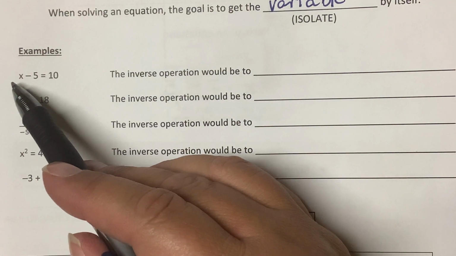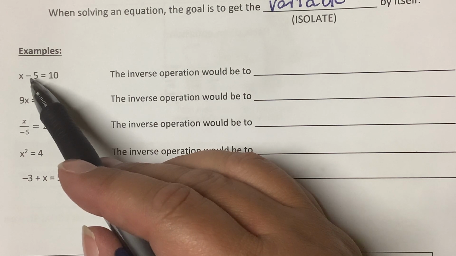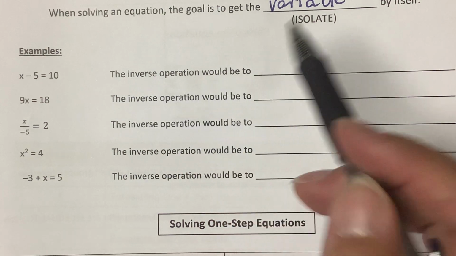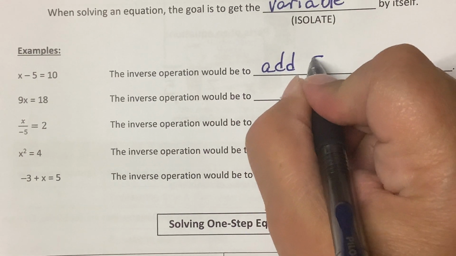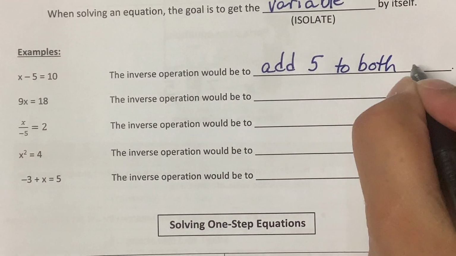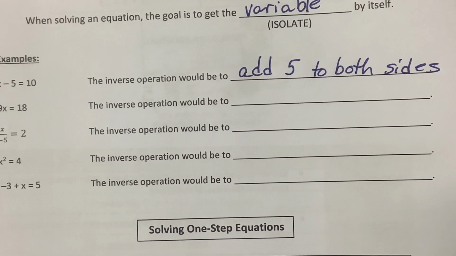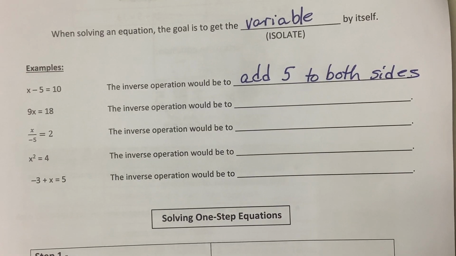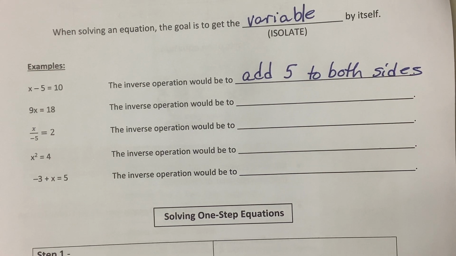So the variable on this is to the left, and the operation is subtraction. The inverse operation would be to add 5 to both sides. Because whatever you do to one side of an equation, you have to do to the other side. The goal is to isolate the variable, but keep the equation balanced.